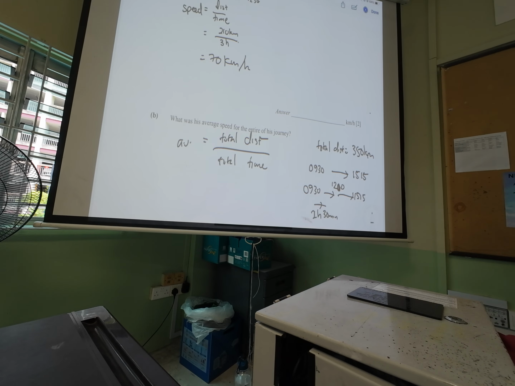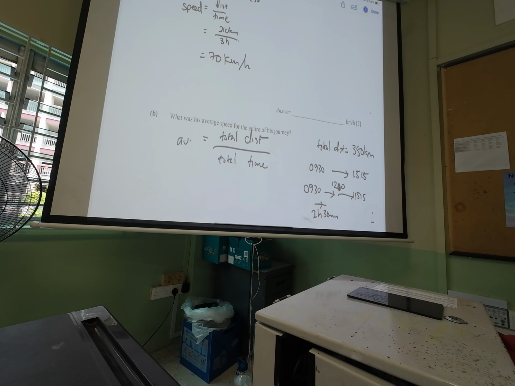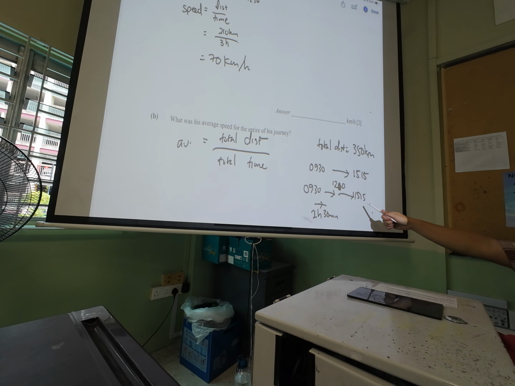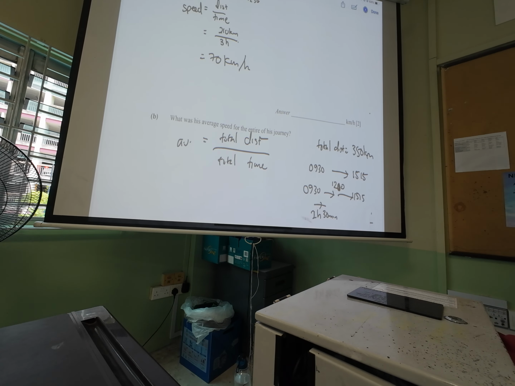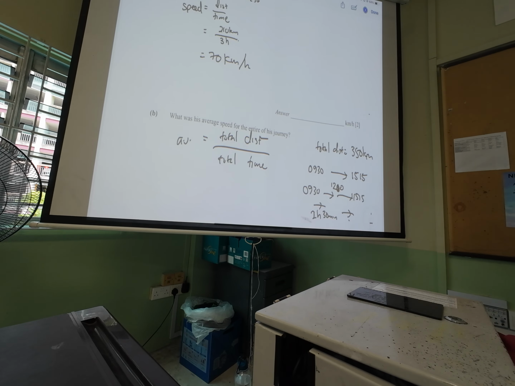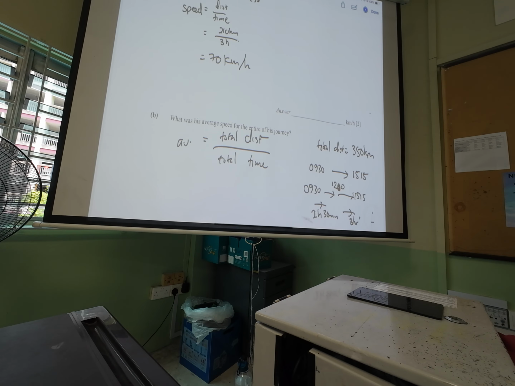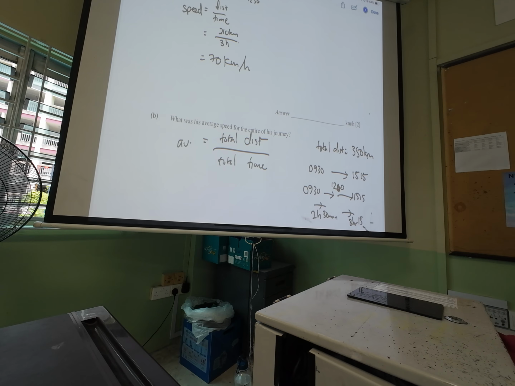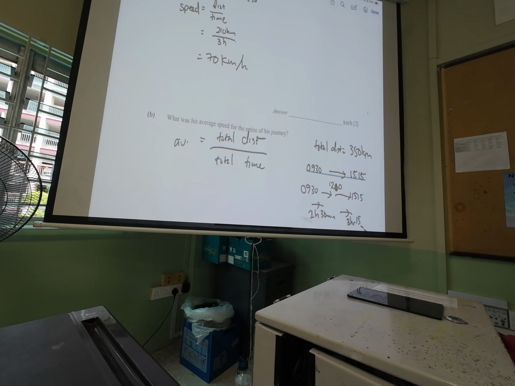This one is still easy to think: 9:30 plus 2 hours will be 11:30. Then 11:30 plus another 30 minutes will be 12 o'clock. Then from 12 o'clock to 3:15. 12 to 3 is 3 hours. Then still have 15 minutes.